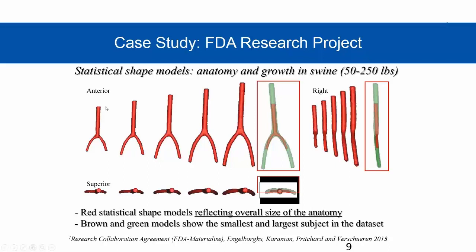But in this study, we looked at the anatomy change in swine from 50 to 250 pounds. One of the things you can see here is that it's not just the overall size that changes, but there's a correlation between the diameter of the aorta and the diameter of the femoral arteries, where the diameter of the aorta doesn't change very much across this size change in the swine.